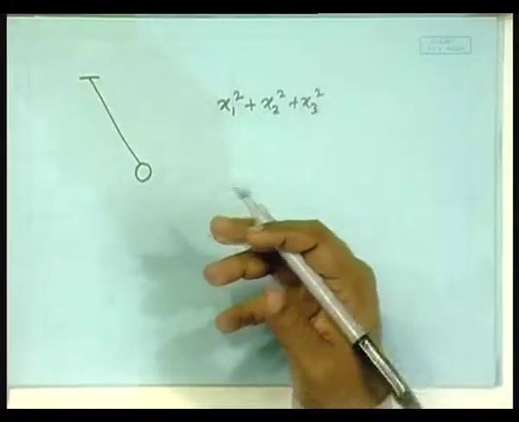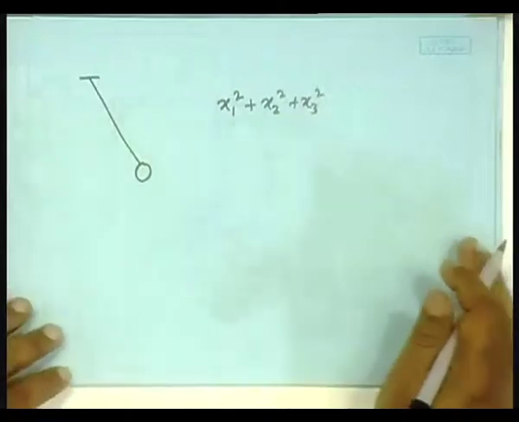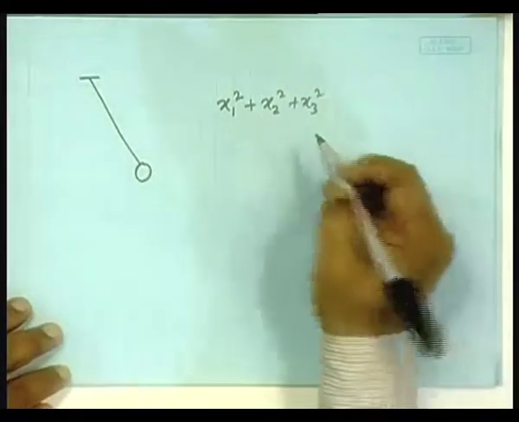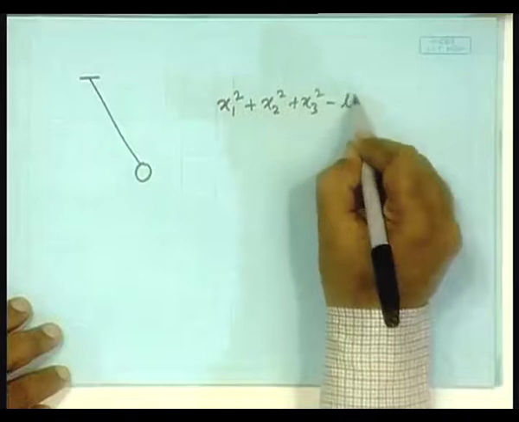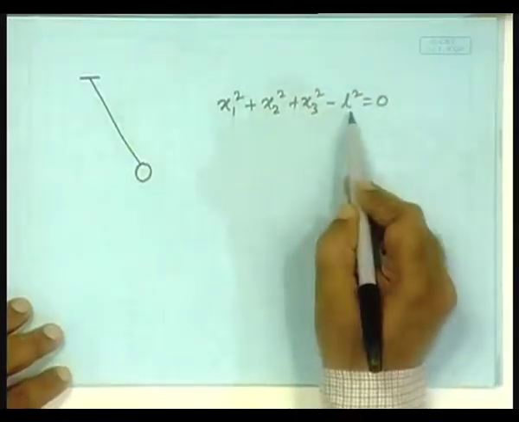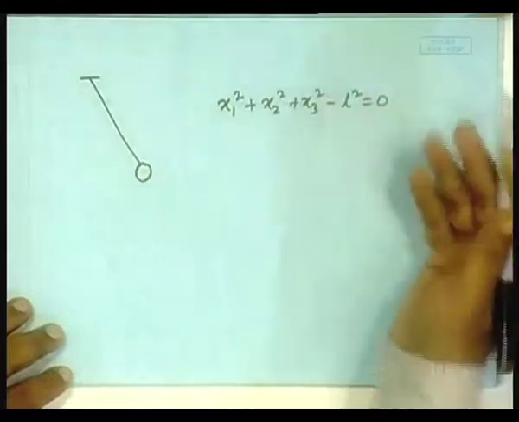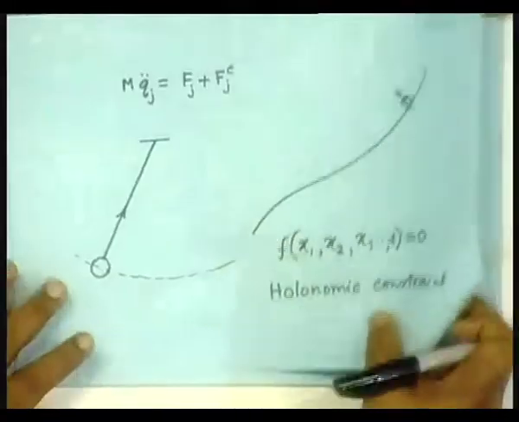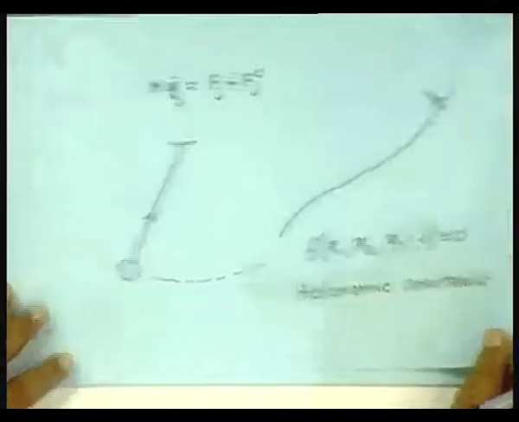It will be trivial to move the origin to this point, because that will be the simple first step that anybody would do. So, this minus L square is equal to 0. I am expressing it as some function of x's equal to 0 in this form.